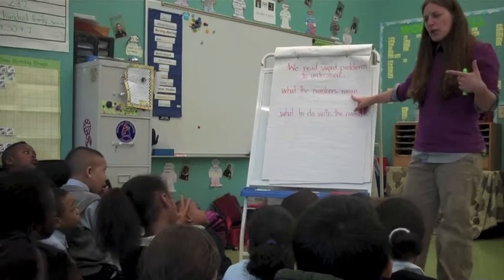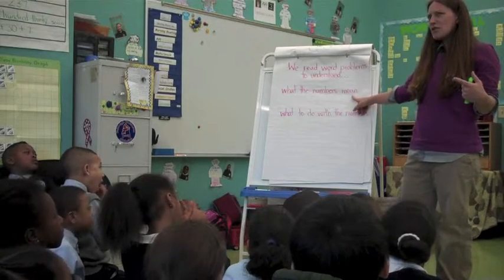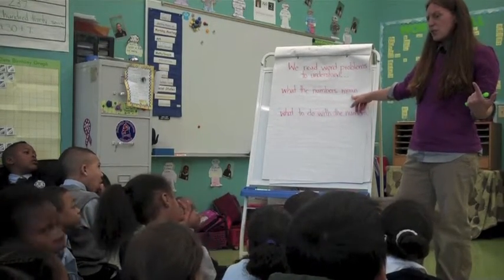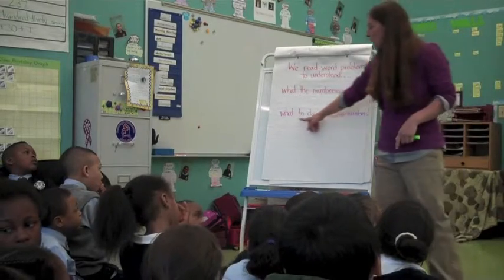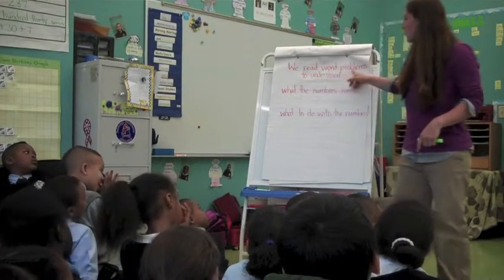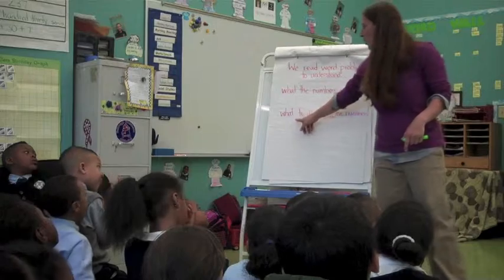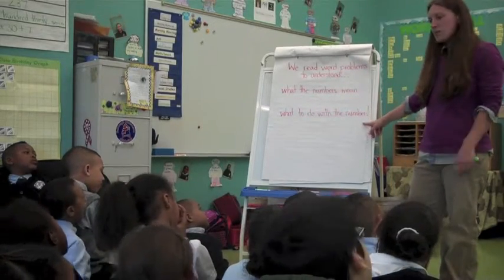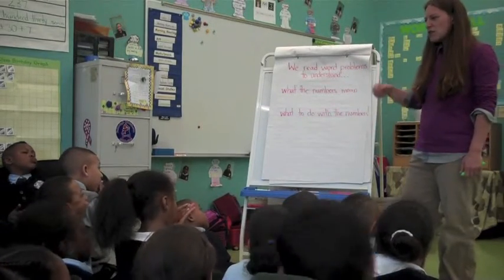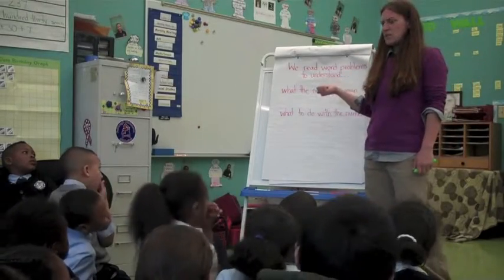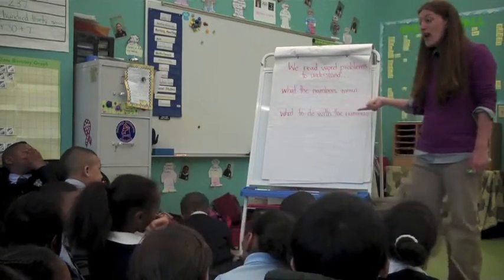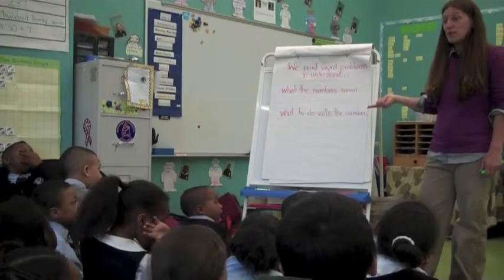Okay, so when we read it, we're trying to understand what are they talking about? What are these numbers representing? And then we say we read word problems to understand what to do with the numbers. So we have to understand what those numbers mean and what they are asking us to do with those numbers.